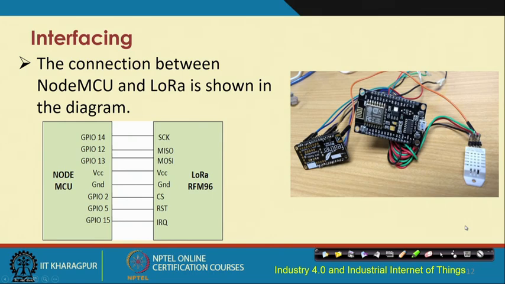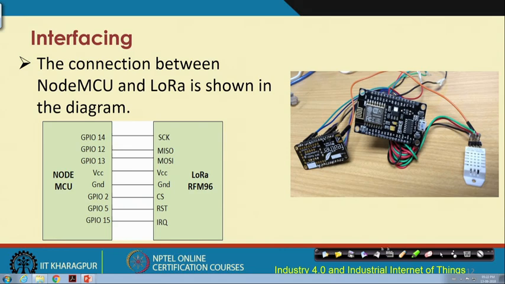This is how the connectivity is going to happen between the NodeMCU and the LoRa. We have this LoRa module, and this is your NodeMCU, and these jumper wires, as you can see from the figure, connect one port of the LoRa to the corresponding port in the NodeMCU.